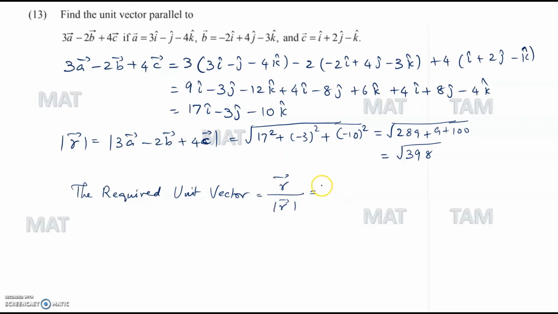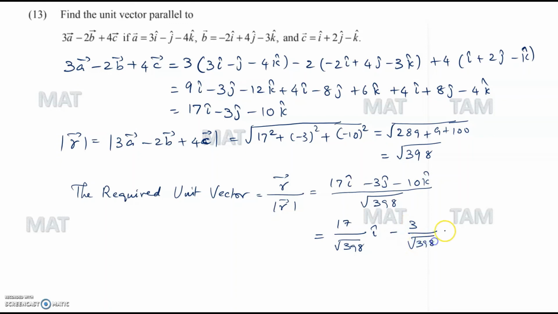So that's equal to 17 i cap minus 3 j cap minus 10 k cap divided by root of 398, which is equal to 17 by root 398 i cap minus 3 by root 398 j cap minus 10 by root 398 k cap. So that's the unit vector.